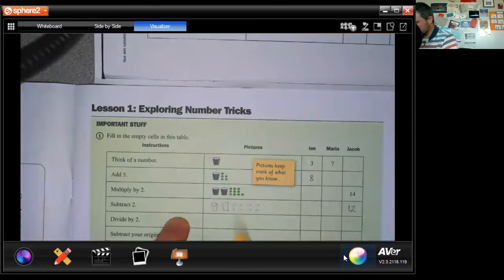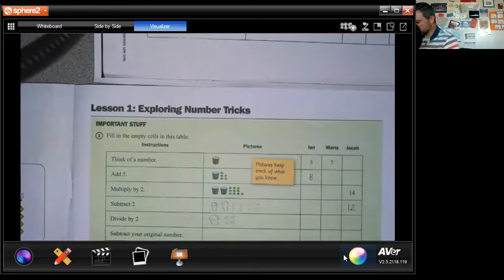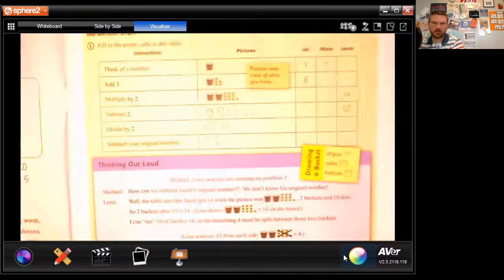Okay, there's 8. And then divide it by 2, so I only have 1 cup now. And I only have 4 circles. Okay, and subtract your original number, which was the bucket. So now you only have 4 circles. Oh, that's kind of hard for you to read, huh?